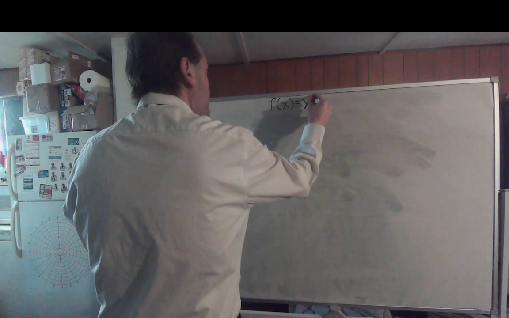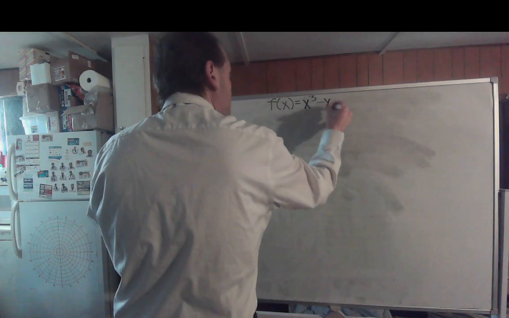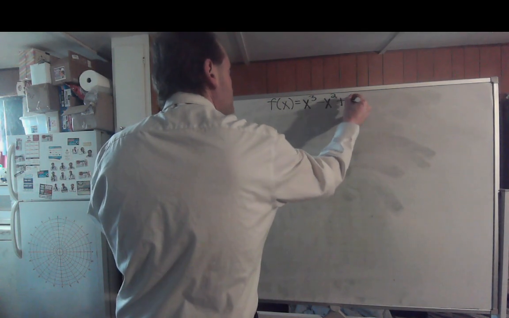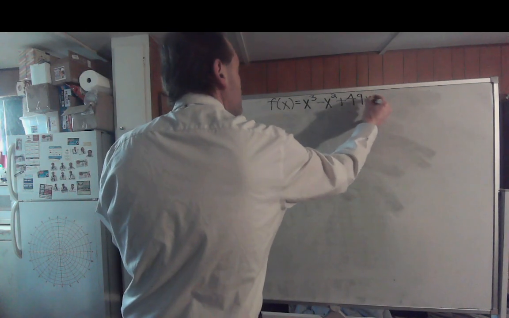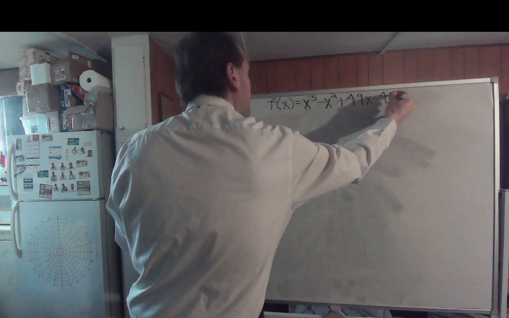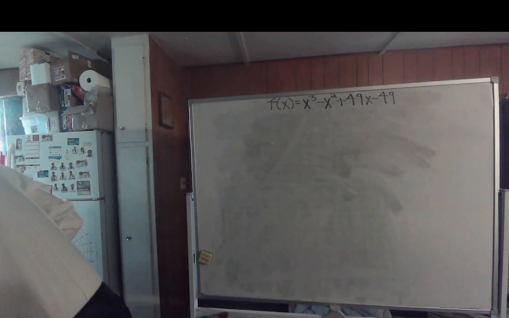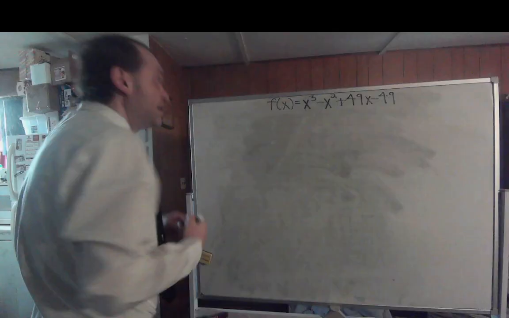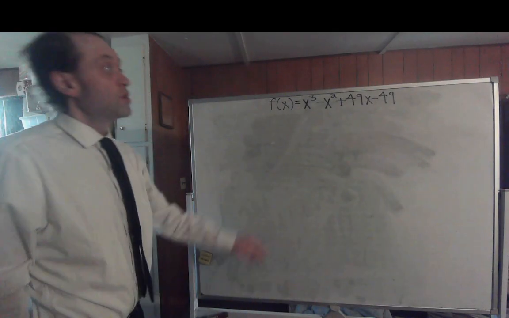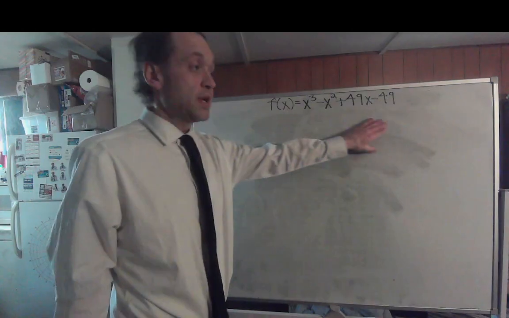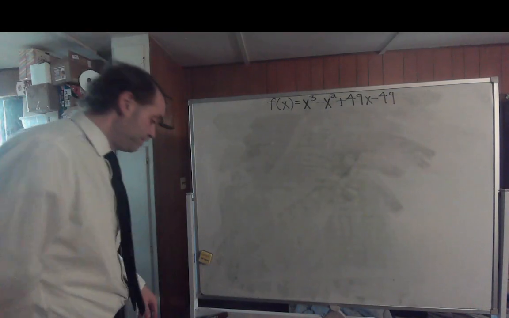All right. Another one here. So we have f of x equals x to the third minus x squared plus 49x minus 49.